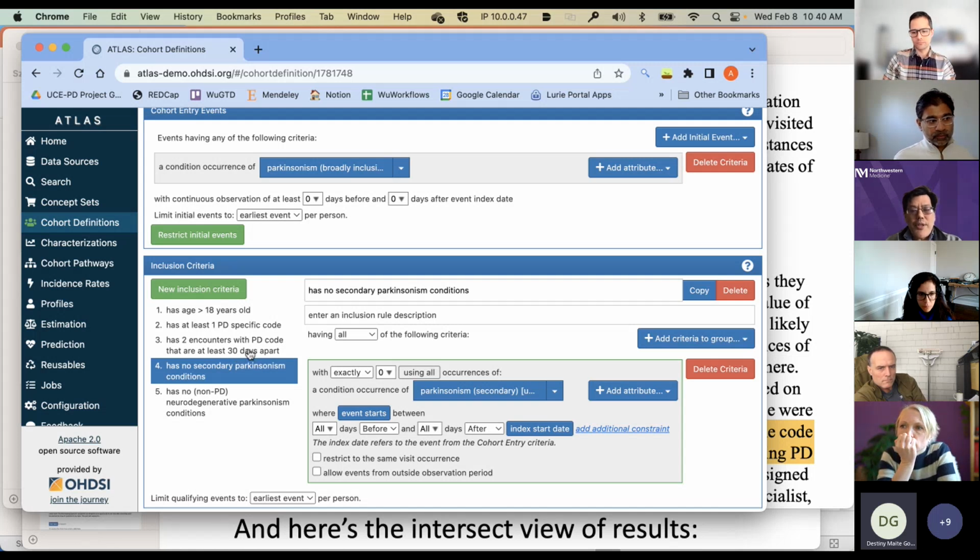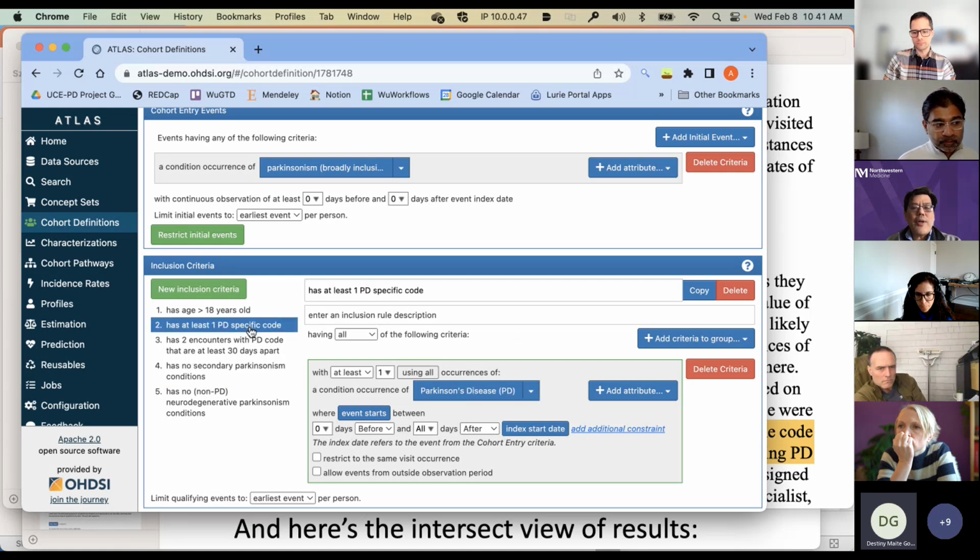Can you clarify observation period? Is observation period specific to each person or for your entire data set? Okay, I thought it was per person. So how would I change this criteria that has one code to be registered? The entry criteria is the earliest event, and now they're in the cohort.